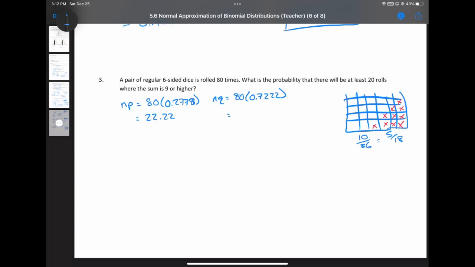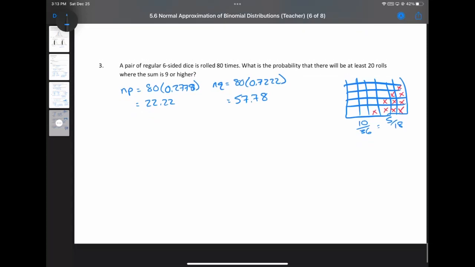I can visually already see that Q is larger than P, and since NP is way bigger than 5, NQ is going to be even larger than that. But just to humor the completeness of this paper, let's write down 57.78. Okay, so those are both significantly larger than 5. This is a good candidate for normal approximation.